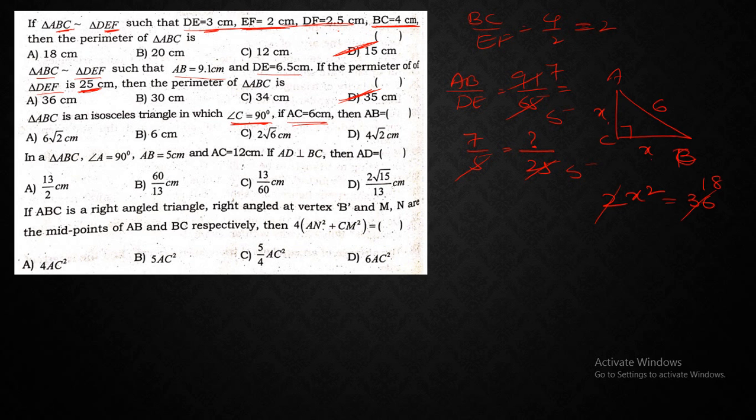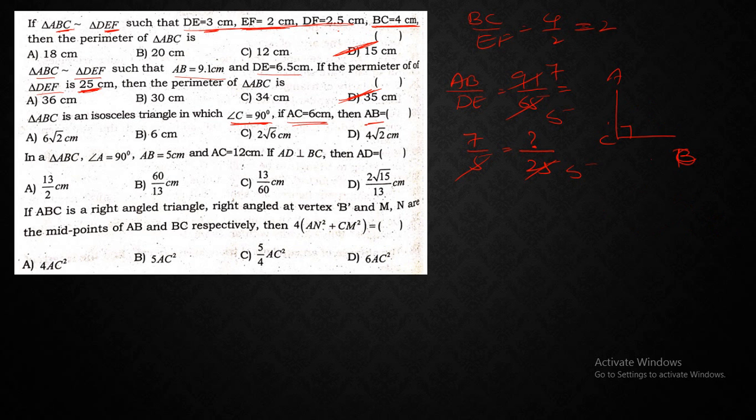So X square is 18, so X is equal to 3 root 2. So the answer is 3 root 2. So what did he ask? He is asking you to find the hypotenuse, right?